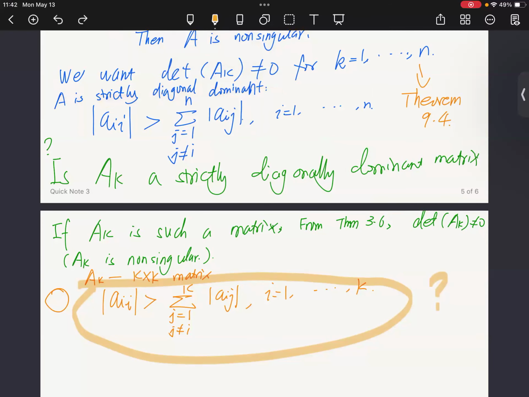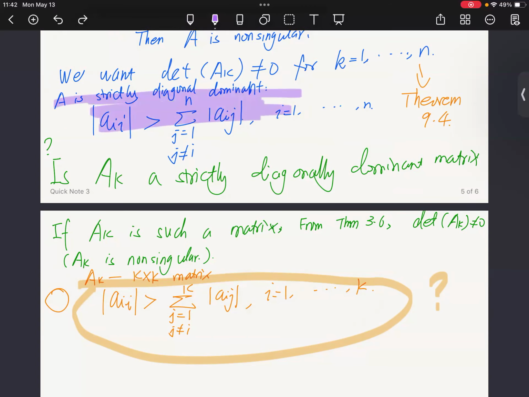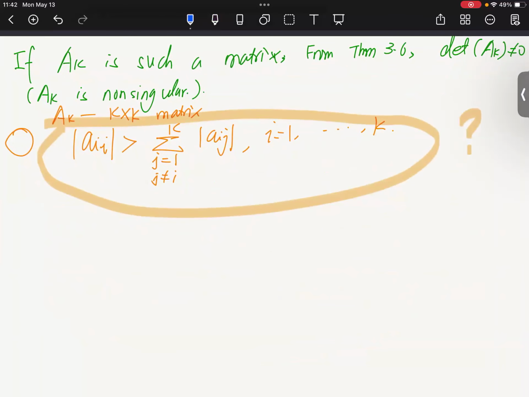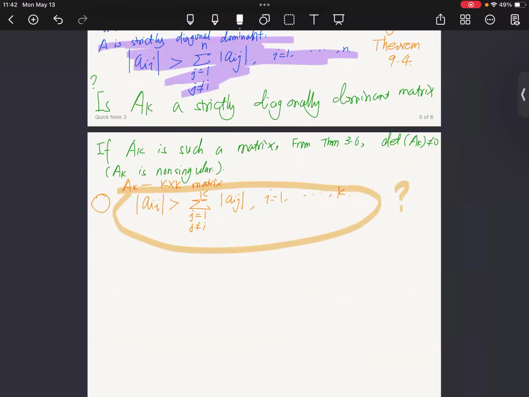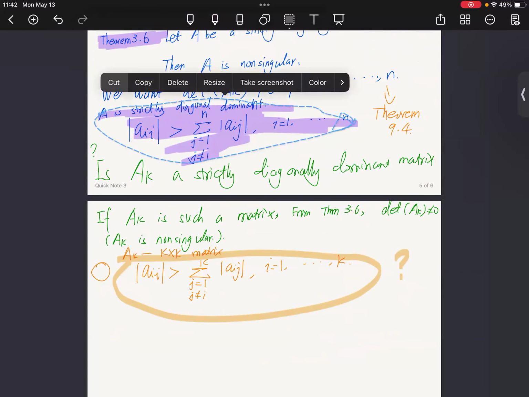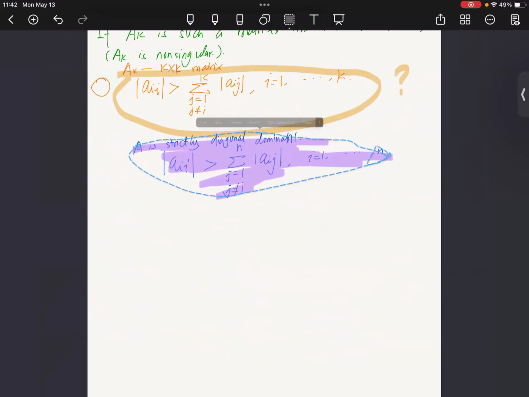Now we want to prove that A_k is strictly diagonally dominant. From the definition of A we already have this, so I'm just going to copy and paste it here. From A being strictly diagonally dominant, we have this.